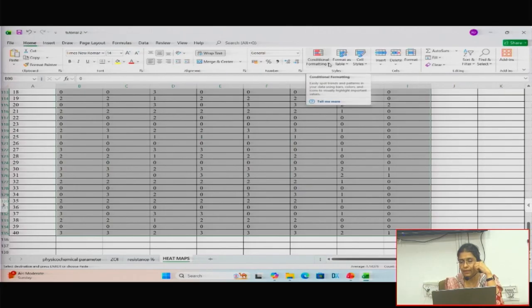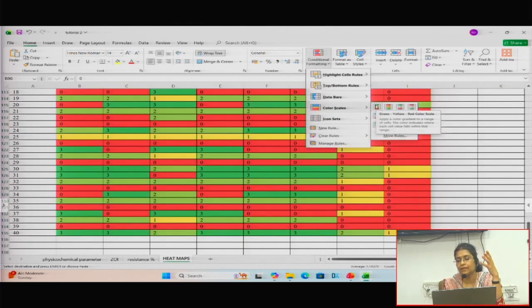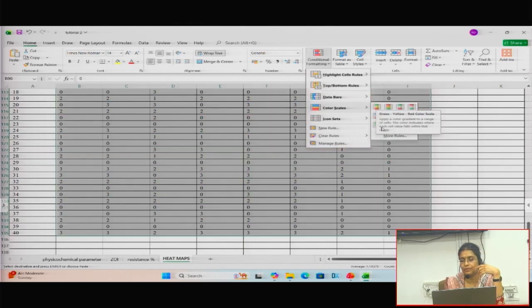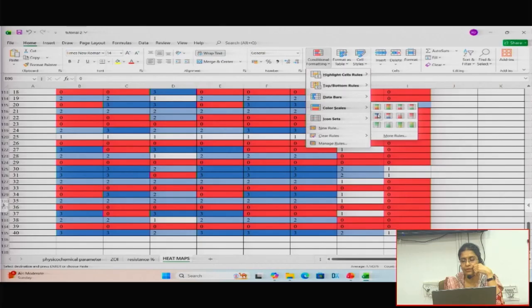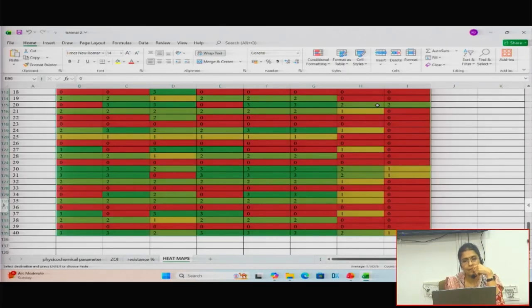Shall we proceed? Then in the Home tab, you have what is called conditional formatting. Click that. Select any of the color shades of your liking. You could go with the first one, or more of green, red, whichever is of your liking. You can go ahead and give a shade like this.